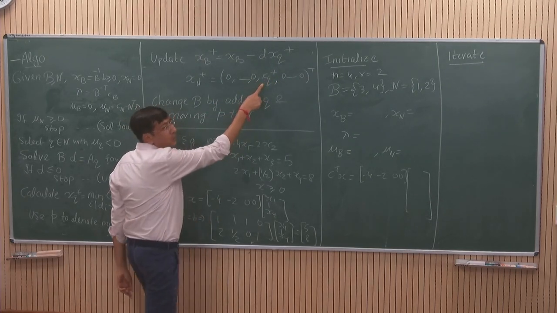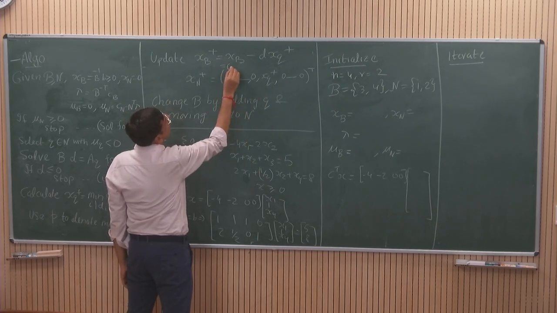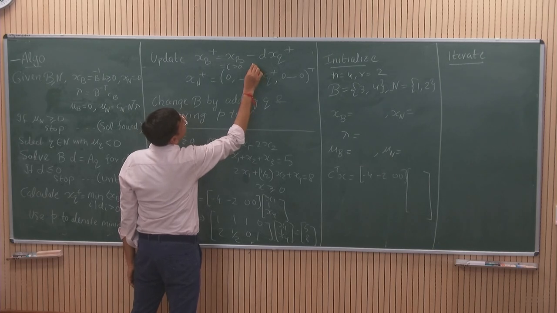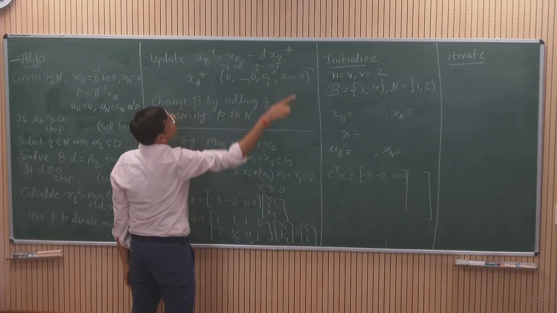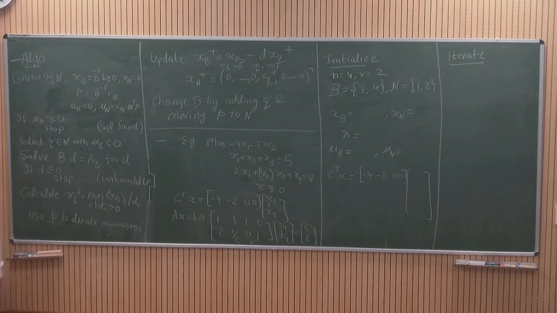Now you have a non-zero here, and once you solve this, all of them will turn out to be greater than 0 except the p component, which will be equal to 0. That is how we had chosen the xq plus, which I showed you in the example.